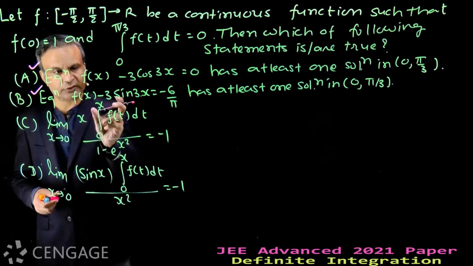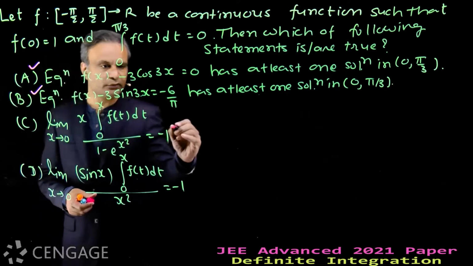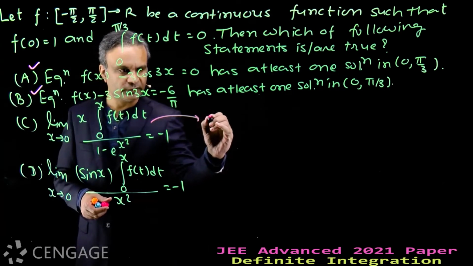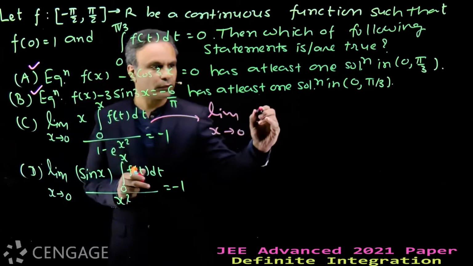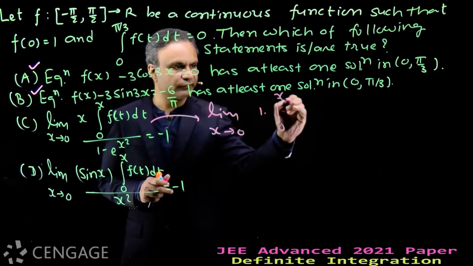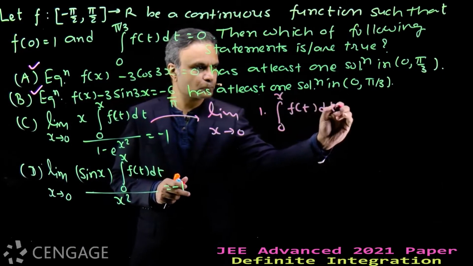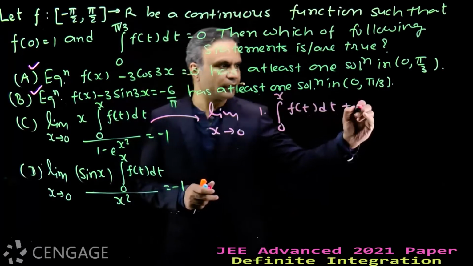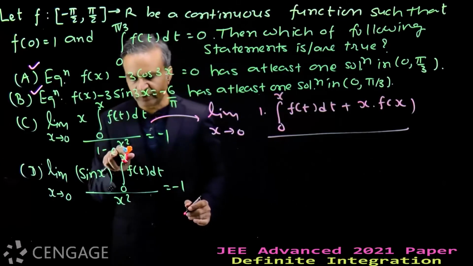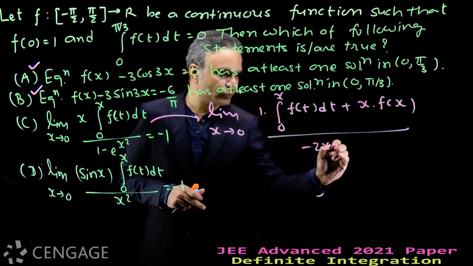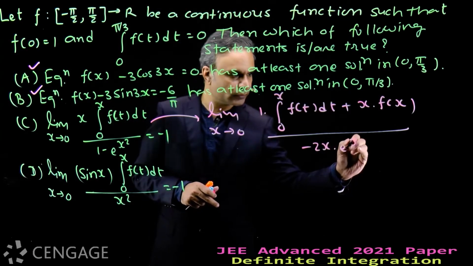For that we differentiate the numerator and denominator separately. So this limit changes to the limit as x tends to 0 of 1 into this definite integral, plus x multiplied by f(x), over the derivative of the denominator, which is minus 2x into e power x square.